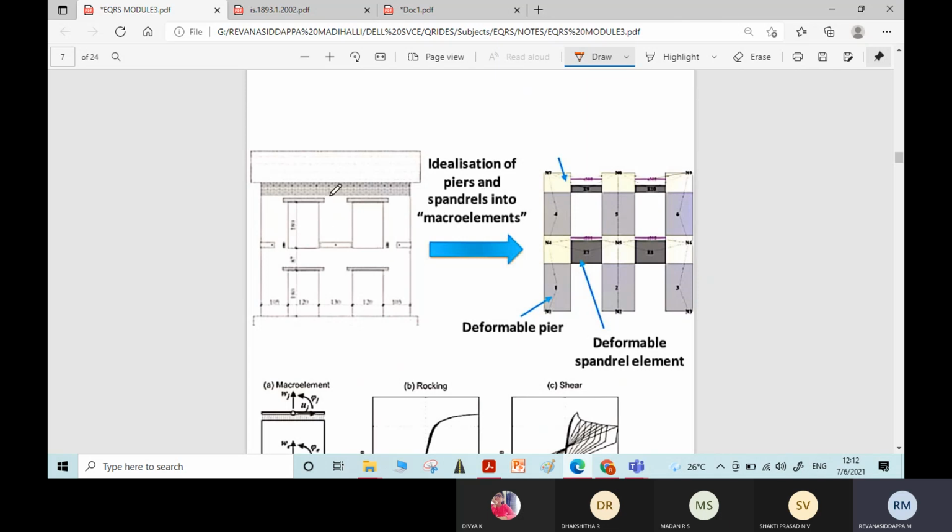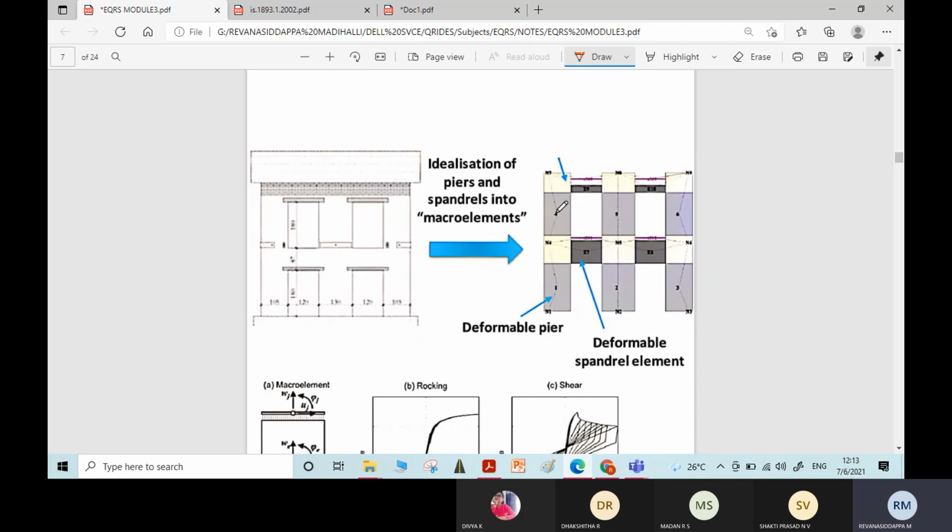Here you can see a small structure with infill masonry wall. This infill masonry wall is subdivided into a number of components, which is mentioned in the right figure.